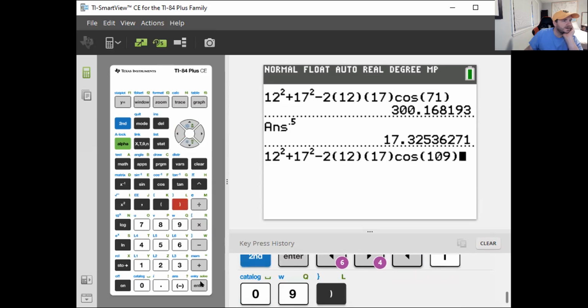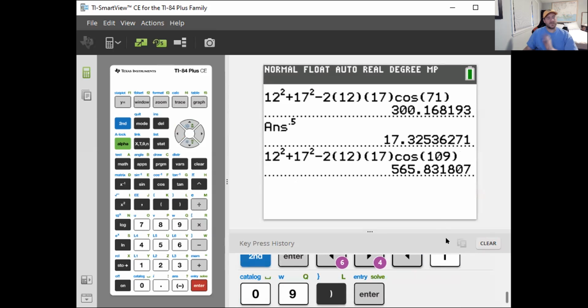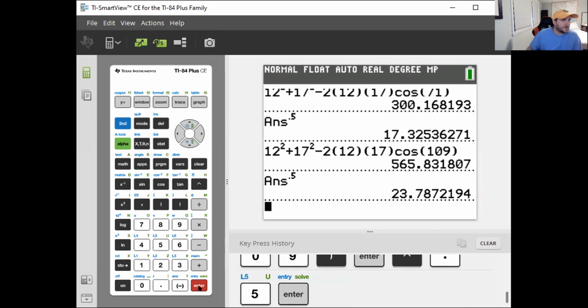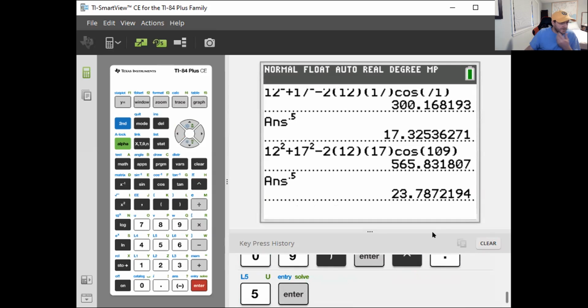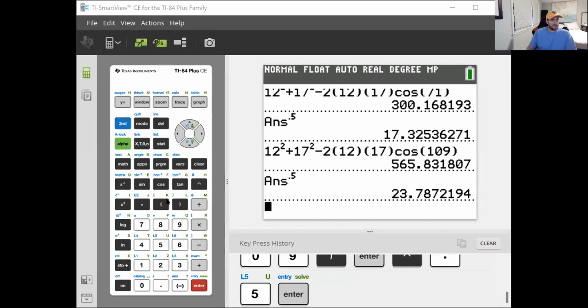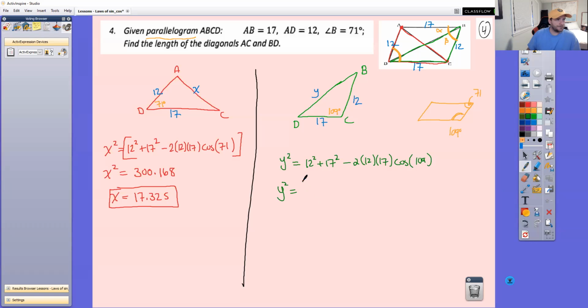And we'll get our new value, the 565. And we'll raise that to the power of a half, get our answer. So there, hopefully that trick serves you well. It's something you want to keep in your back pocket. It's pretty useful for saving time. So anyway, we now have the 565.832 technically.